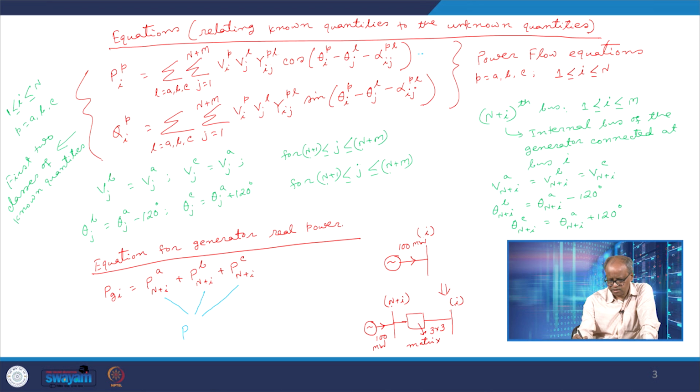So if I say that this is equation 1 and that is equation 2, then I can say that all these would be calculated by equation 1.